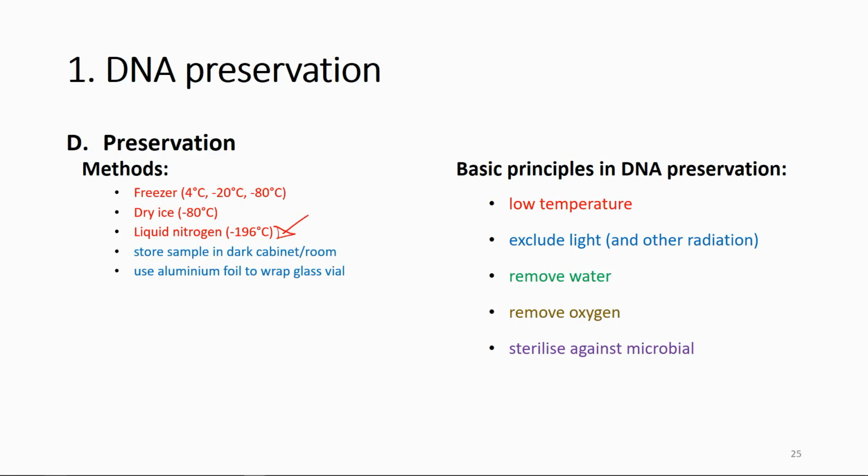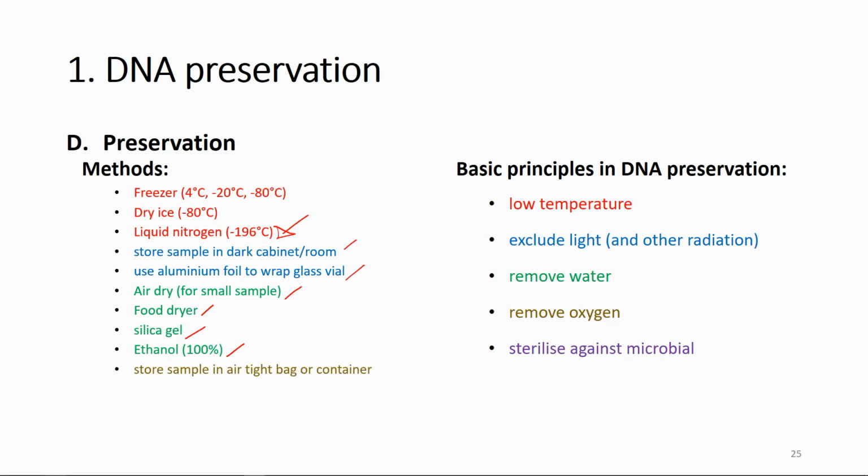To exclude the light, you can store the sample in a dark cabinet or room, or use aluminum foil to wrap the glass bottle. To remove the water, you can air dry the sample using a food dryer, or use silica gel. You also can use ethanol to replace the water in the tissue.